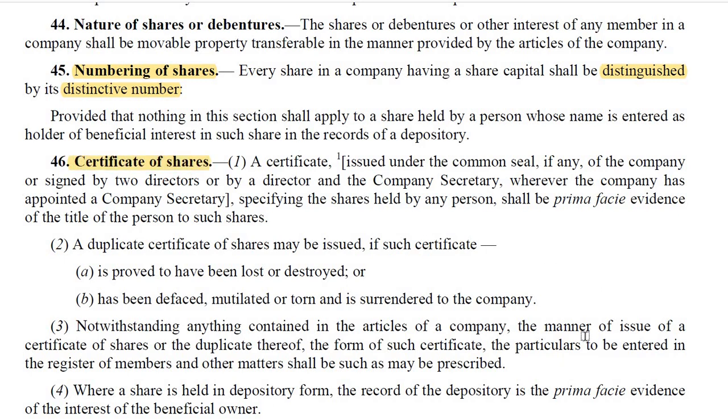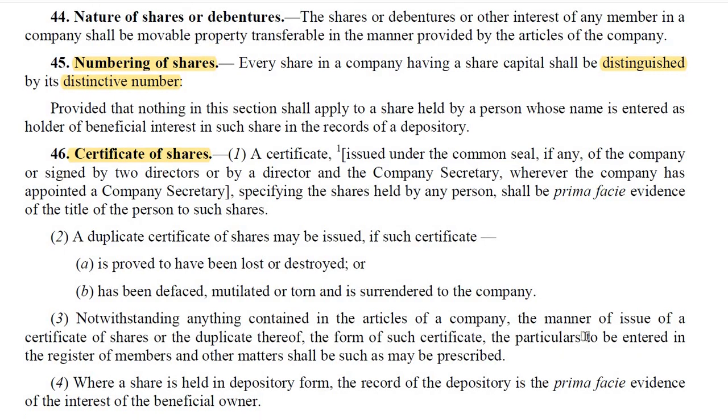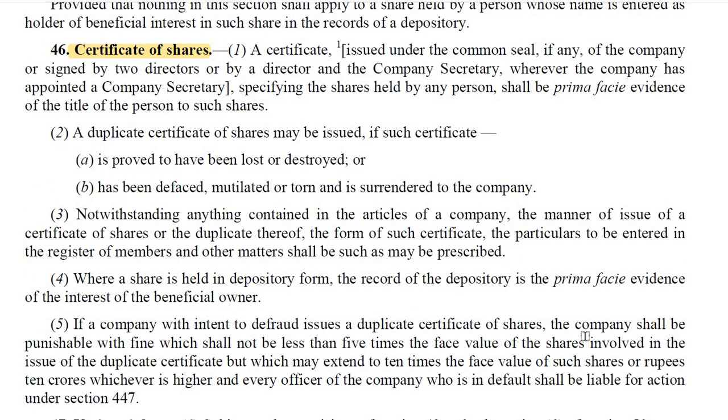Certificate of shares. A share certificate issued under the common seal, if any, of the company, or signed by two directors or by a director and the company secretary, wherever the company has appointed a company secretary, specifying the shares held by any person, shall be prima facie evidence of the title of the person to such shares.